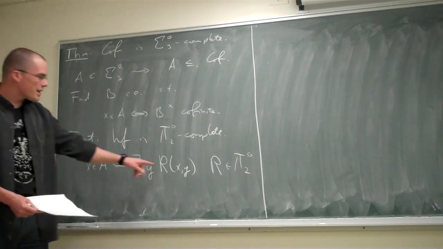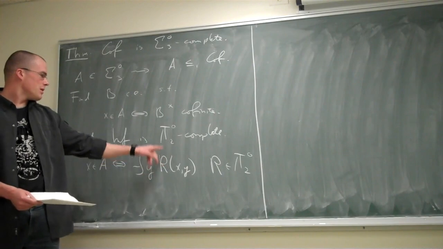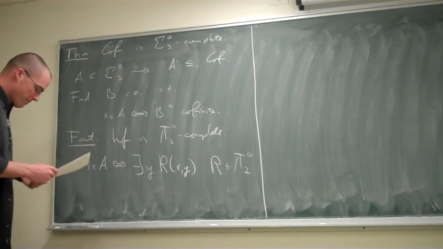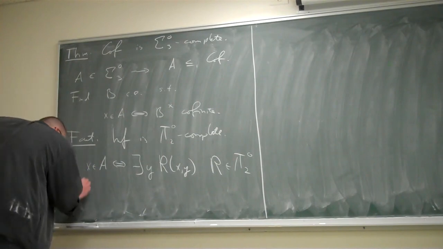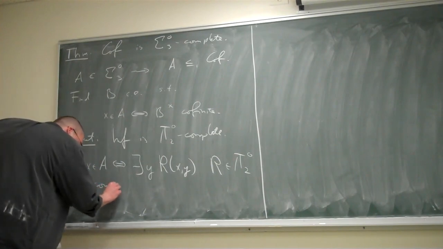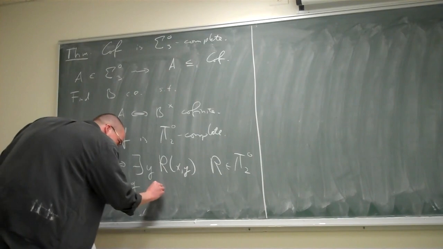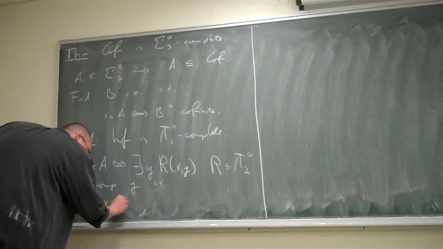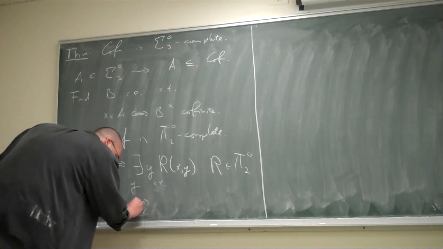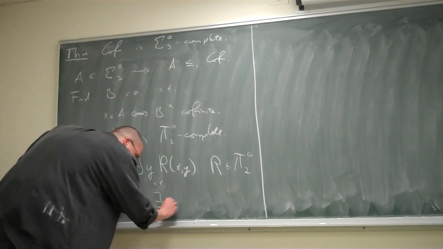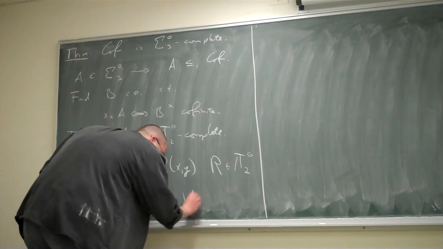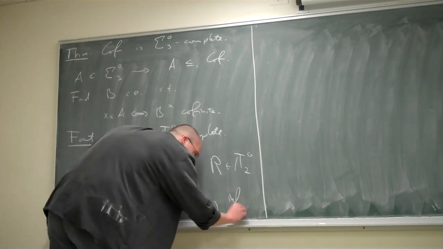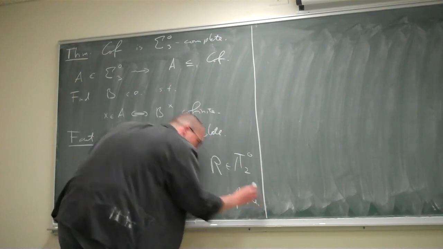But now we have this R is pi 2, and inf is pi 2 complete, so this R reduces to inf, which tells us that there exists a computable g such that x is in A if and only if there exists a y such that W of g(x,y) is infinite.